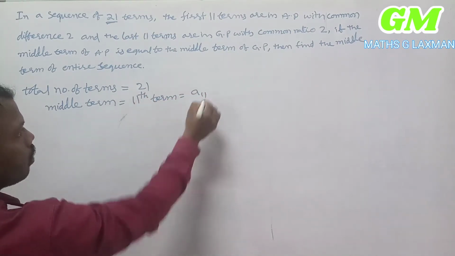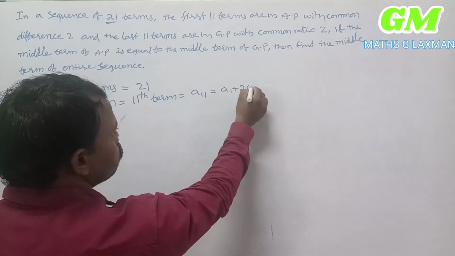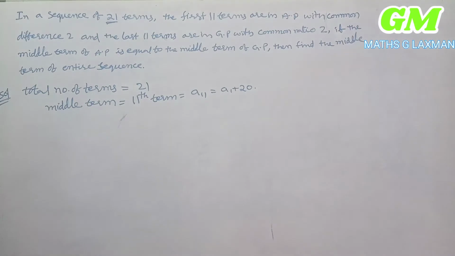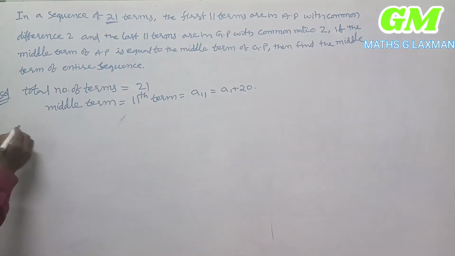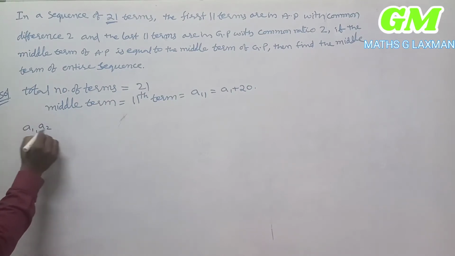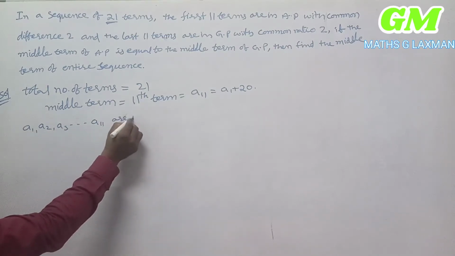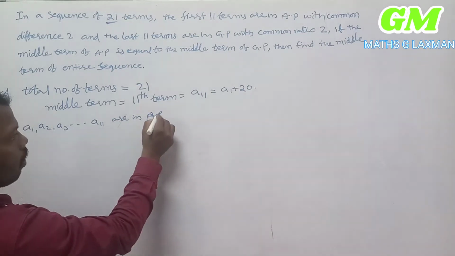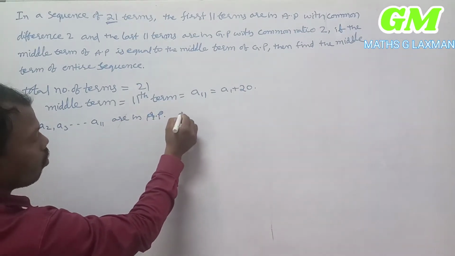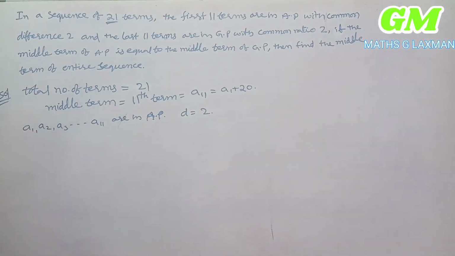So that is equal to A11. Now the first 11 terms are in AP, so let us take A1, A2, A3 and so on, A11 are in AP with a common difference of 2.